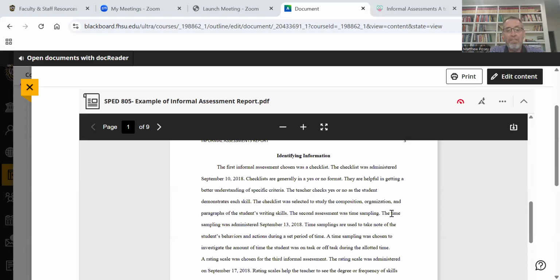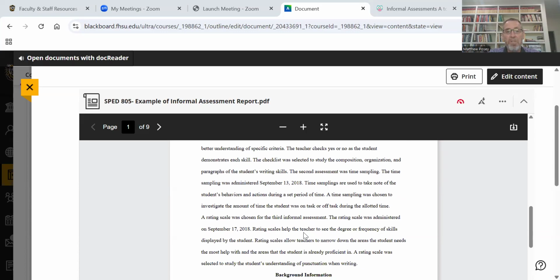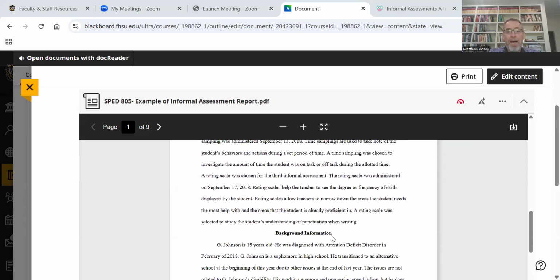These could be informal assessments that you made or some that you get off the internet, whichever one you choose to do. But we're going to explain and name those. We're going to give the dates that we administer and explain a little bit about each one of the informal assessments and the skills that they measure.